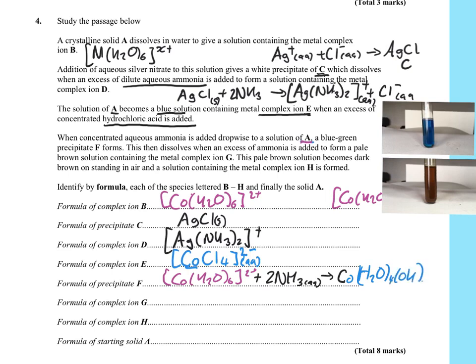It's got no charge anymore, it's lost its 2 plus charge, and therefore it precipitates to form the cobalt(II) hydroxide, and the ammonia molecules form ammonium ions.